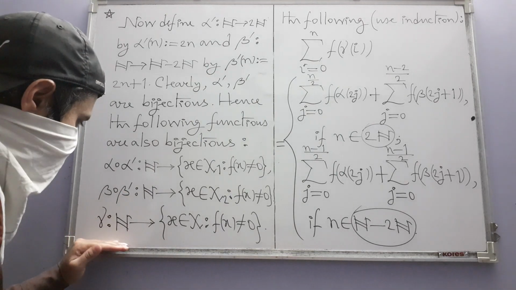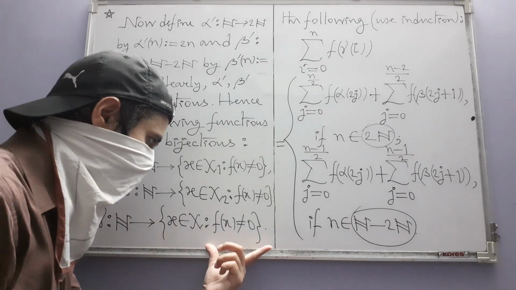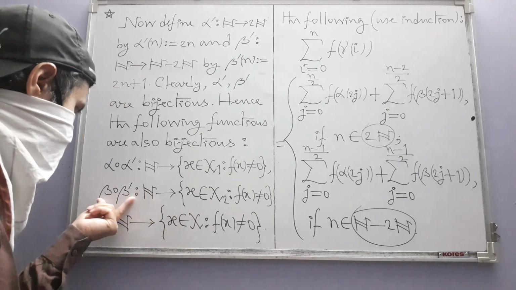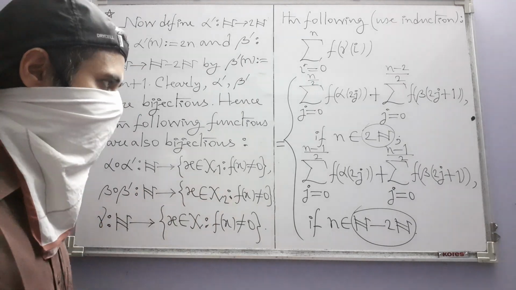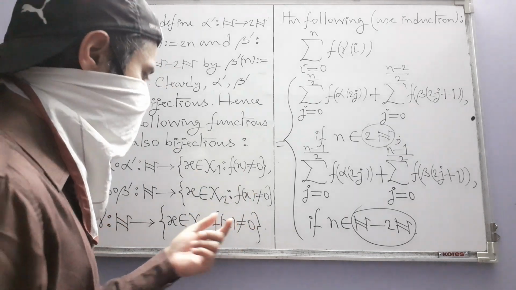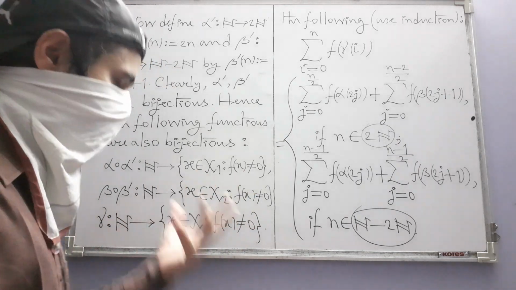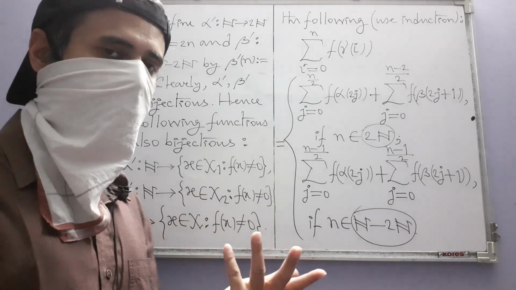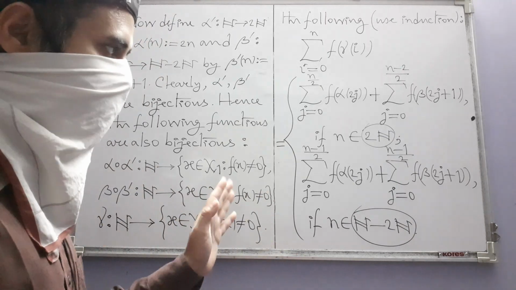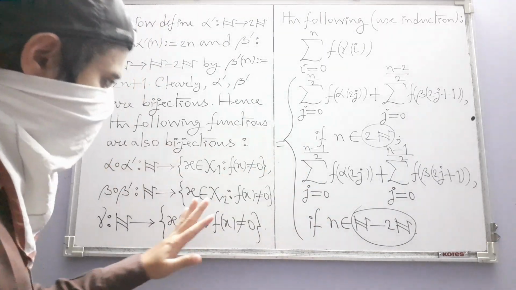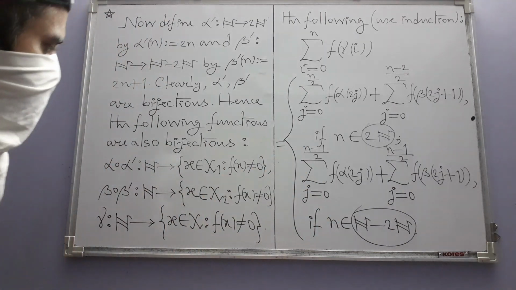Now this is a bijection between n and this set. This is a bijection between n and this set. This one is between n and this set. So using these bijections, we can turn the three sums into infinite series. We can of course take any bijections, but that will not allow us to show our identity. So that's why we had to go through all of these things.